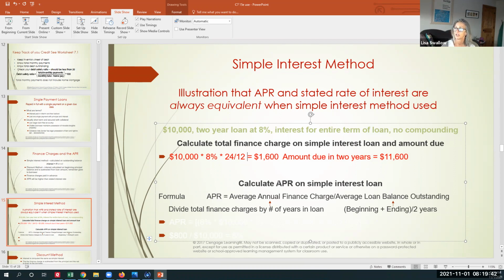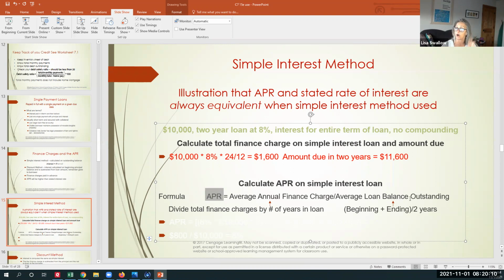Now, your APR on a simple interest loan is always equivalent to the stated rate. So you don't even have to do this calculation, but I'm going to just to show you how I prove that that's the same number. So again, we always have to come to annual percentage rate, not monthly, not quarterly, not for 2 years, for 1 year.